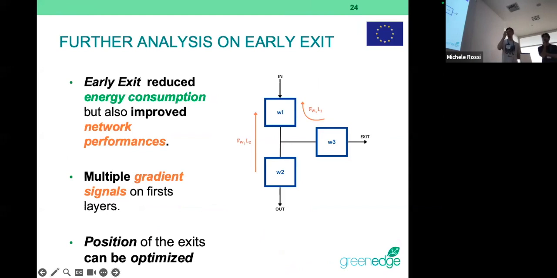When you define the loss, you say my loss is the sum of the losses for every exit, and you can weight them as you want. You can say this loss is more important than this one. We also tried to change the weights of the losses, but we didn't have time, or there was no such improvement in the end. We just used equal weights for every loss.